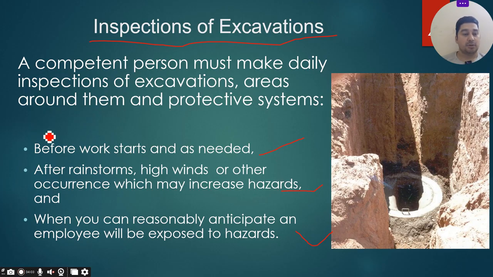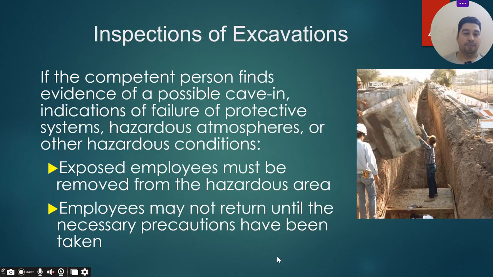So this is the requirement for a competent person to inspect the areas. If the competent person finds evidence of possible cave-ins, indication of failure of protective systems, hazardous atmosphere, or other hazardous conditions, exposed employees must be removed from the hazardous area. Employees may not return until the necessary precautions have been taken.